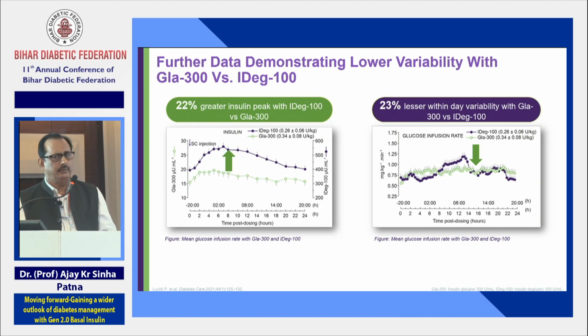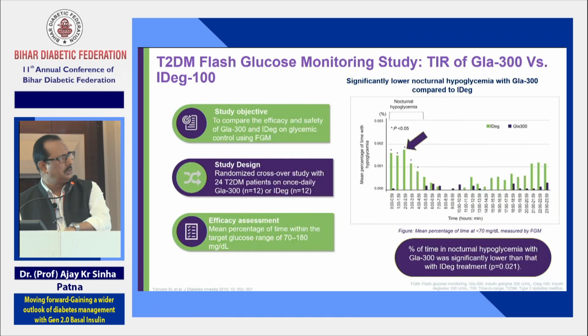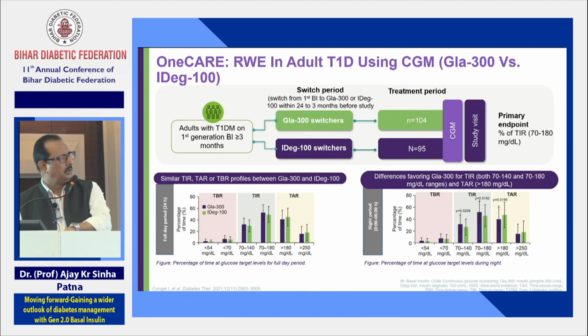So these are two different studies which concluded that the insulin level at one point of time was higher compared with the patients taking GLA 300. So these are all studies which favor GLA 300 based on CGM technology, not the other technology.